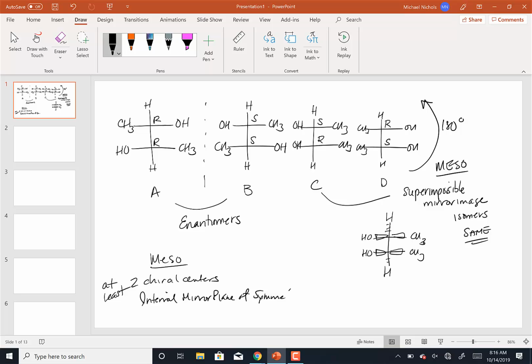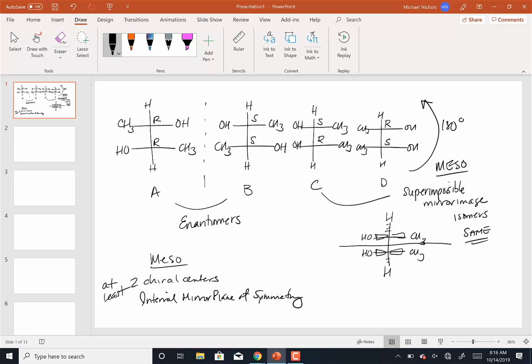And what that does is the internal mirror plane of symmetry cuts the molecule in half, so that the top half is the same as the bottom half, or left half, right half. And then the 2 halves are the same by a mirror plane. So in this case, where would the mirror plane go? The mirror plane would go right here. So I can cut this molecule in half by putting this mirror plane right here.